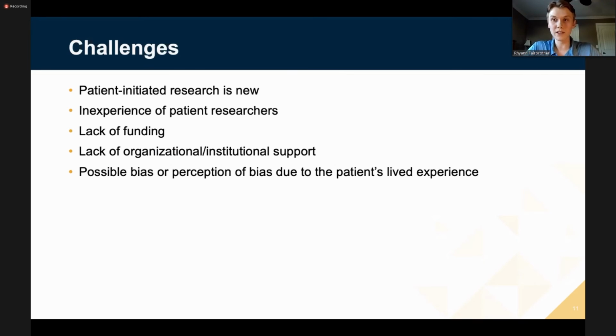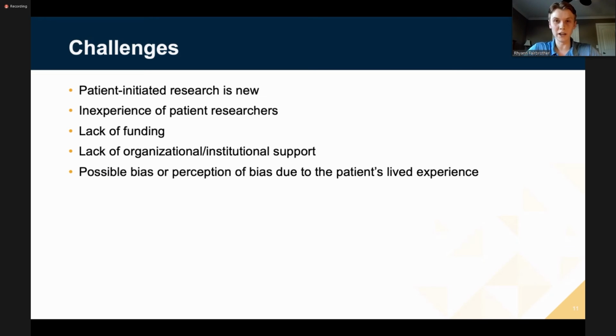As with all the benefits that we've seen, there are also some challenges that have been presented throughout the different articles. First and foremost, the subject matter is very new. It's not very well explored, as we saw with both our literature search and our gray literature search. Another thing that was mentioned was the inexperience of patient researchers.